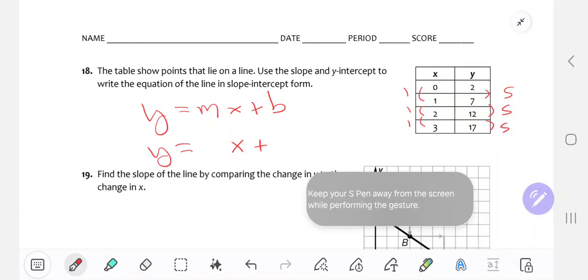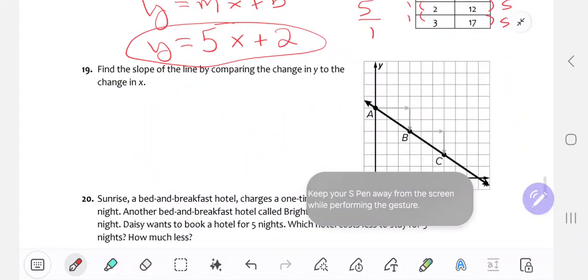So that's going to be a ratio of 5 to 1, which is 5. And then we find our y-intercept by looking for when x is 0. And that looks like y is 2. There we have it. That was a little more cut and dry than the last one.